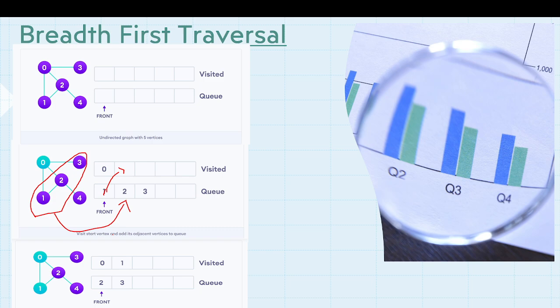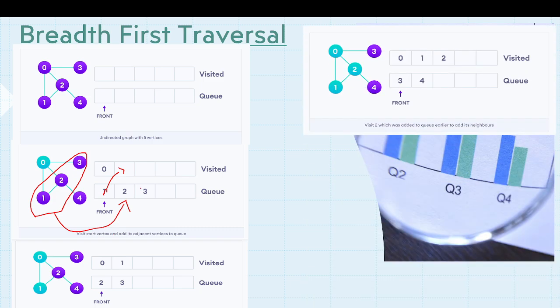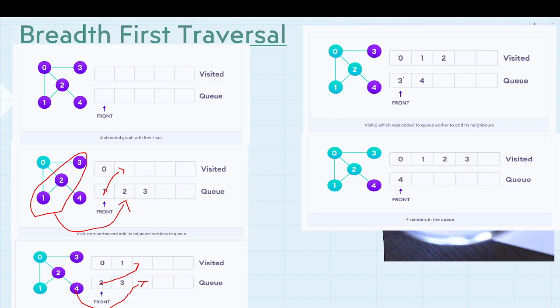So the next step is we dequeue the element which is 2, mark it as visited and put the node that is connected to 2 onto the queue, as we can see here. Next, we remove the element on the front of the queue and mark it as visited, so that the queue moves forward.